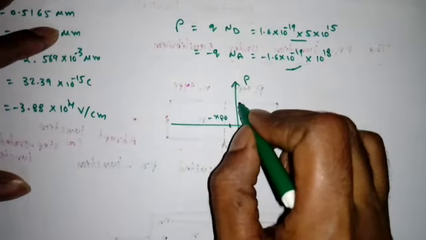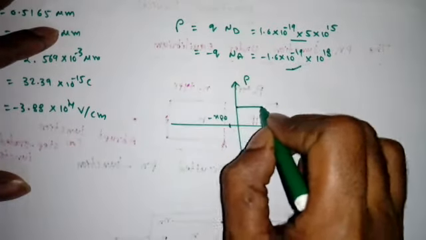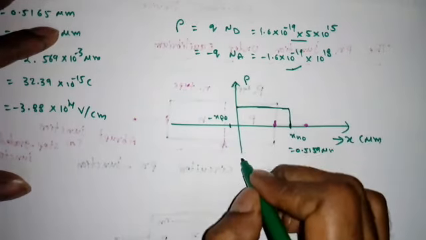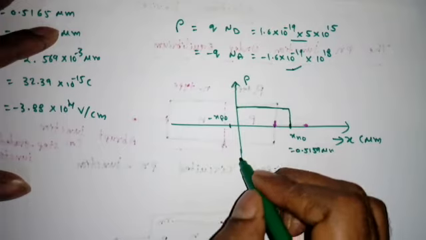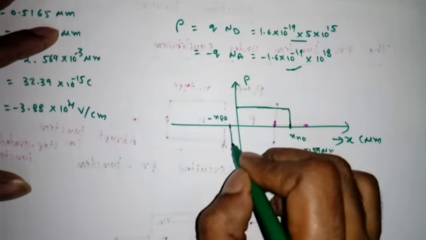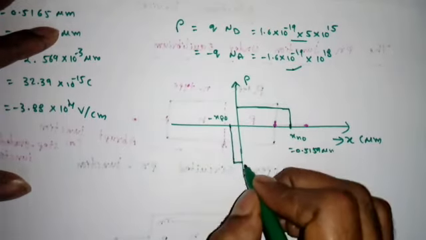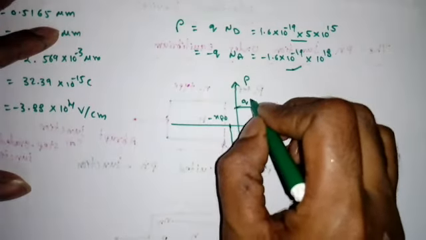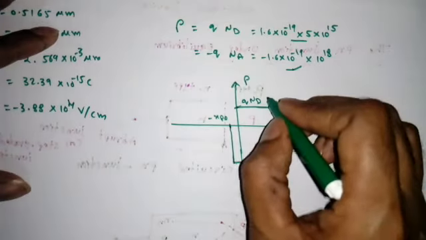But Q into Nd is small, so that's why the rectangle will be like this, and this Q into Na is very large compared to this one, so it will be something like this. So this is minus Q times Na, this is Q times Nd. So this is the charge distribution.